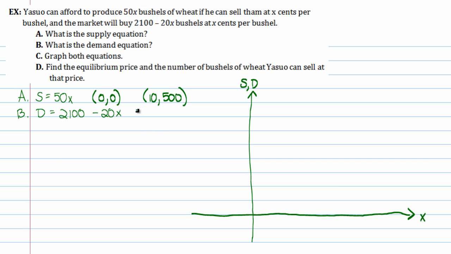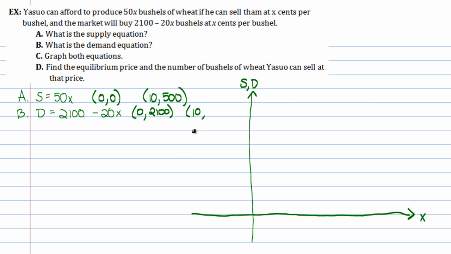On the other hand, for the demand, if the price is 0, the input value is the price. If the price is 0, people are going to demand a lot. In fact, they'll demand 2100 minus 0, or 2100 bushels. Beyond that, they probably just don't need more than 2100.